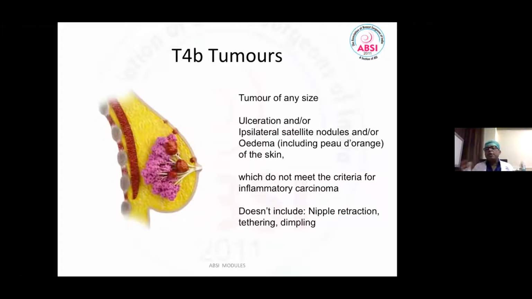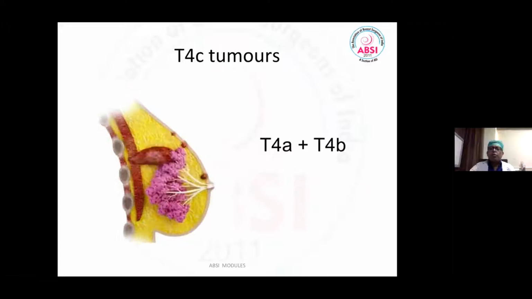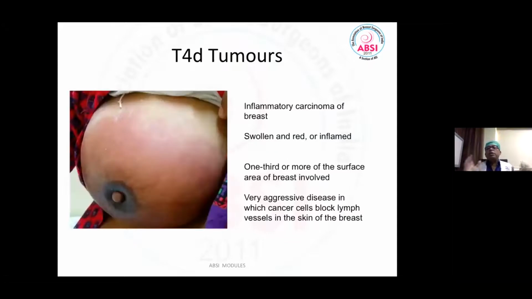Whereas T4b means involvement of the skin, and the criteria are ulceration, satellite nodules, or peau d'orange. If you find these three things, these categorize as T4b lesions. T4c is an add-on between T4a and T4b, and T4d is an inflammatory carcinoma.